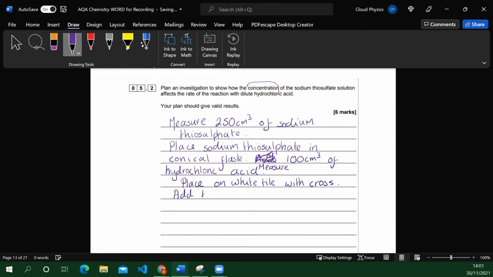So add the acid to the sodium thiosulfate. You swirl it. Let's get a little bit of a start up. So swirl and start stop clock.